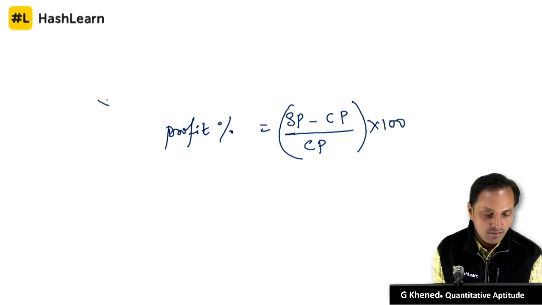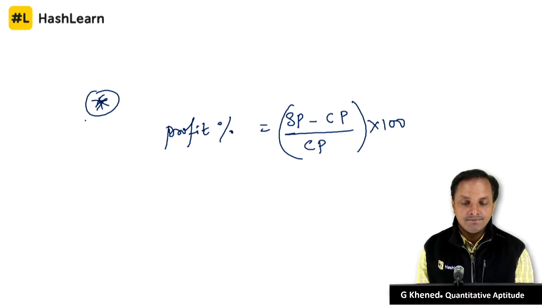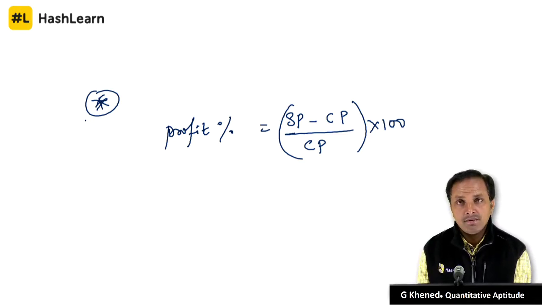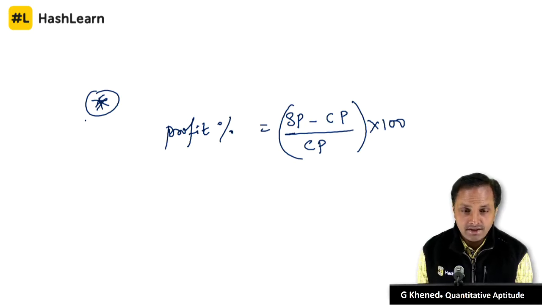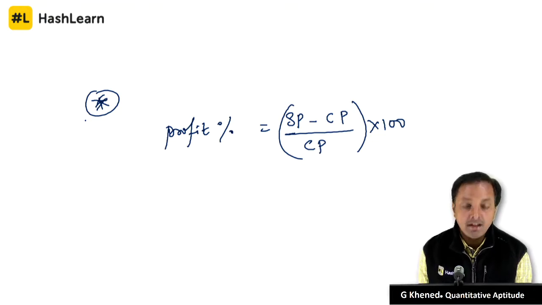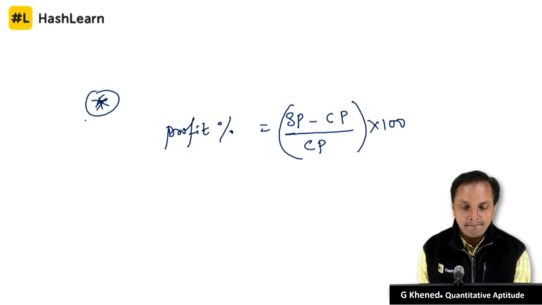This is the most important formula in your profit and loss. When you sell the product at a price lower than the cost price, you will be making a loss. Then you can calculate the loss percentage using the same formula, and that will be negative.